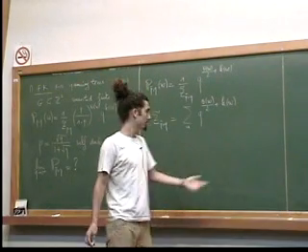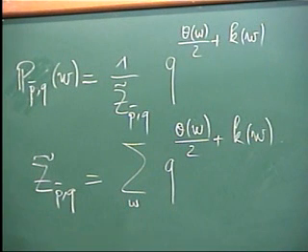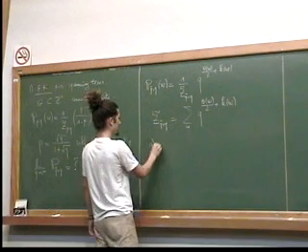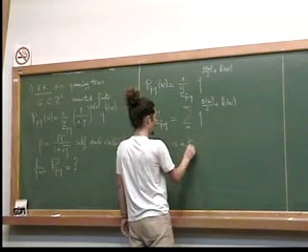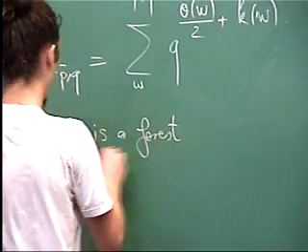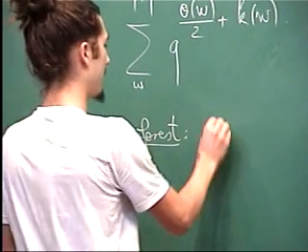We are going to show this quickly. Let's first understand the value of this quantity for the different possibilities of omega. The first case is when omega is a forest. So when omega is a forest, we have, let's say, g trees.